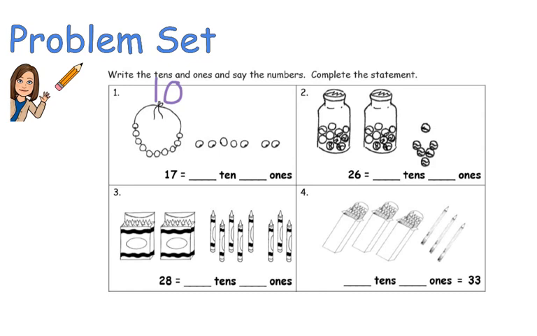Okay. And how many beads are there on this side, not attached to a necklace? Is there enough to make a group of 10? So how many are there? 7. Good. So there is one group of 10, and there are 7 1s.